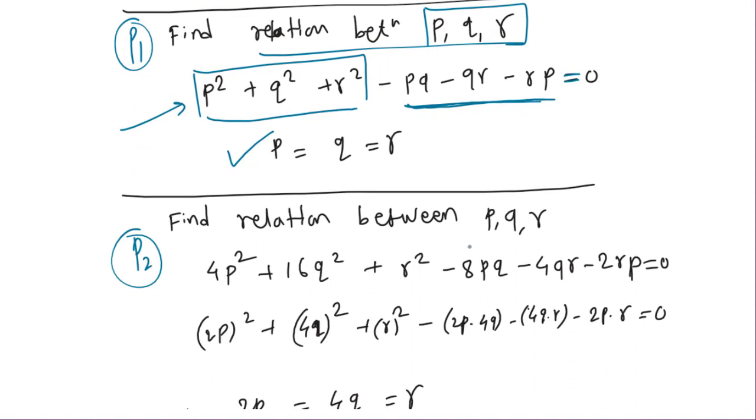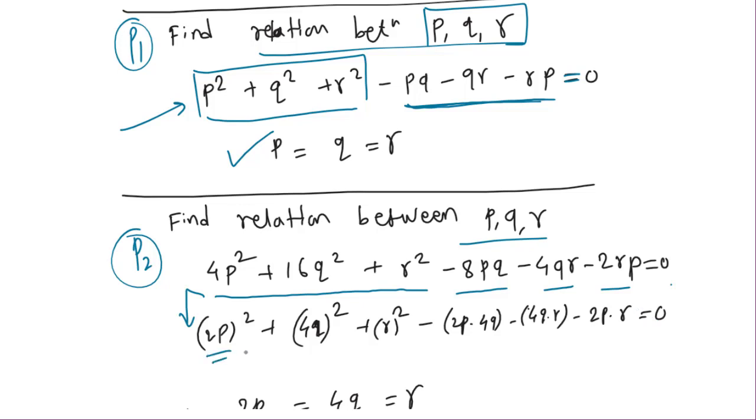Now we have to find the relation between p, q, r, where the below equation has been given: 4p square plus 16q square plus r square minus 8pq minus 4qr minus 2rp is equal to 0. So we can rewrite this equation in this format: (2p) square plus (4q) square plus r square minus 2p into 4q minus 4q into r minus 2p into r is equal to 0.